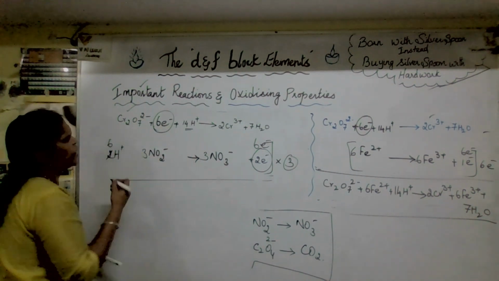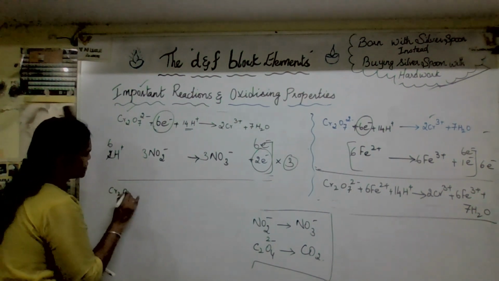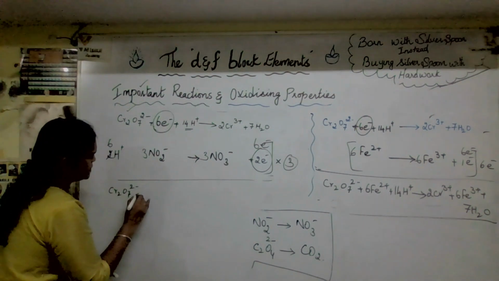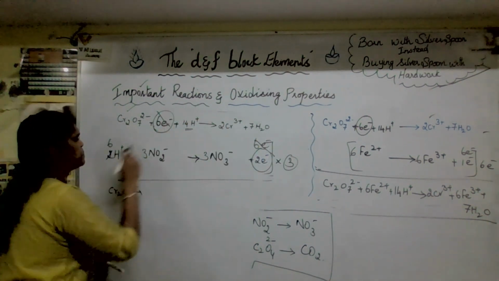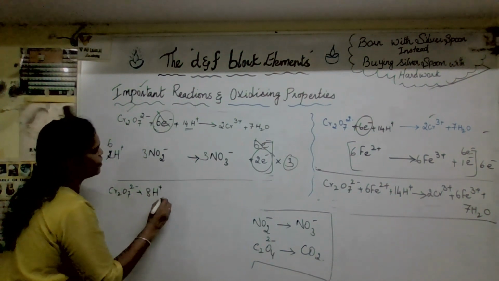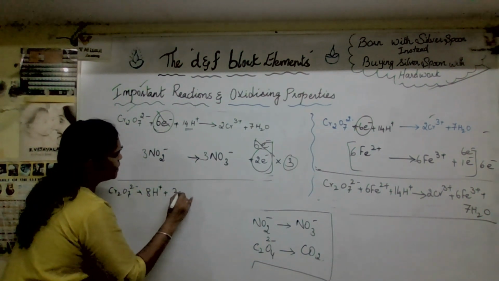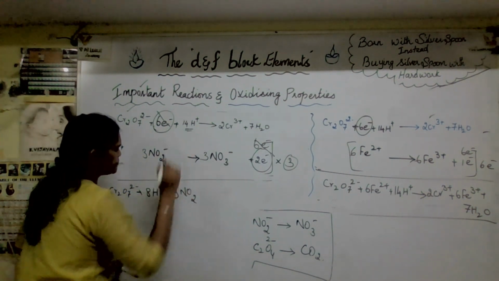So now you have to write that. Cr2O7 2 minus plus, of course this has cancelled, 14 H plus, here 6 H plus, that means 8 H plus ions, plus 3 NO2 minus. Note that point here.